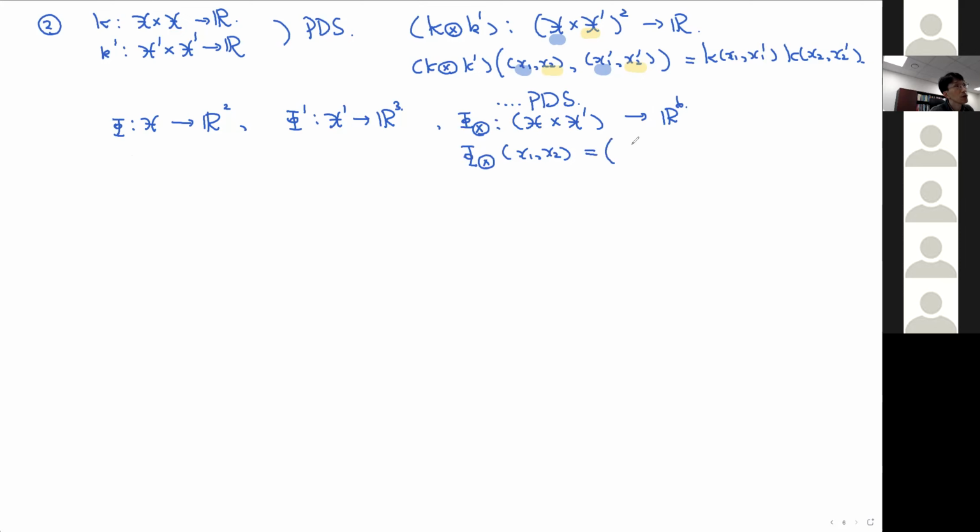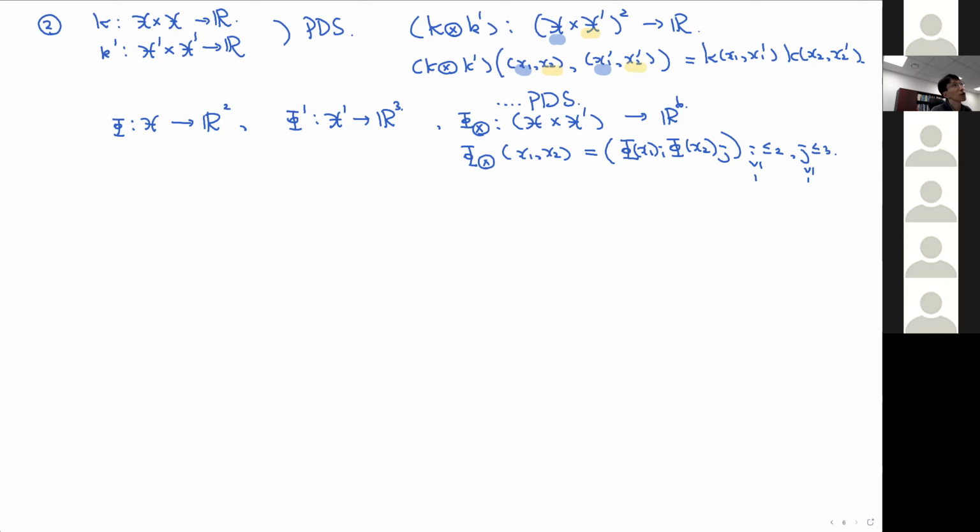It maps to psi of x1, its i-th component, times psi prime of x2, its j-th component, where i is either 1 or 2, and j is 1, 2, or 3. So that's how the features are constructed.